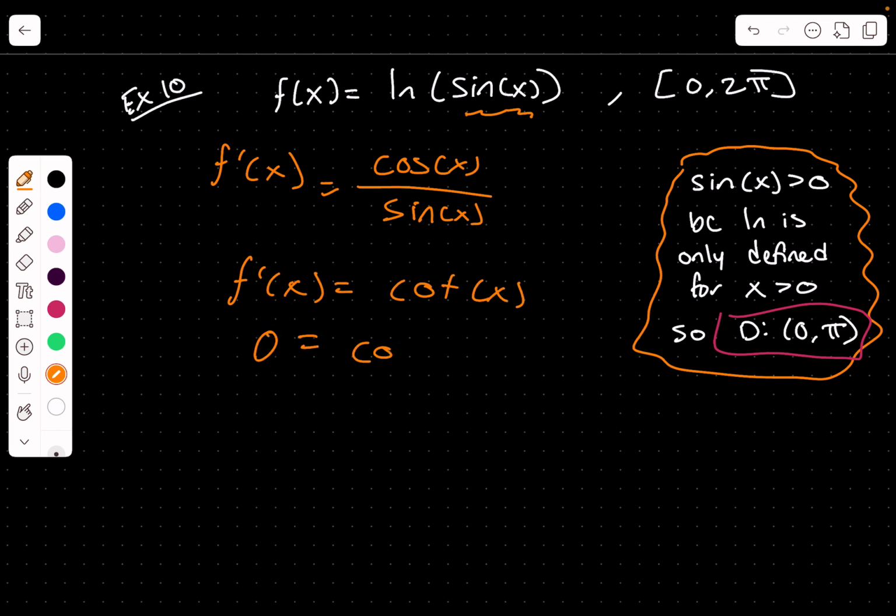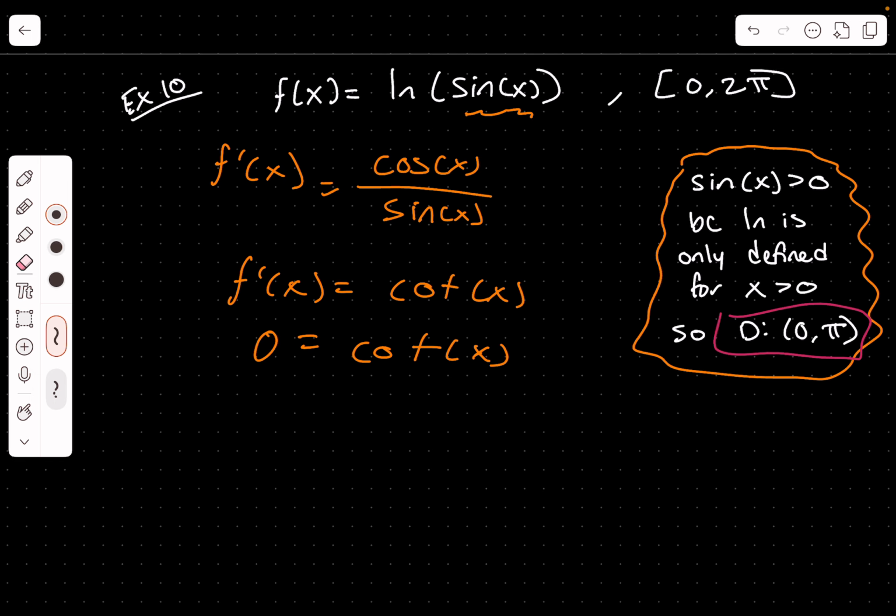So let's set it equal to 0. This one's a little different from the last one, right? All we have to ask ourselves is, where on the unit circle, because again, our parameters are given here, 0 to 2 pi, do we get cotangent equals 0?